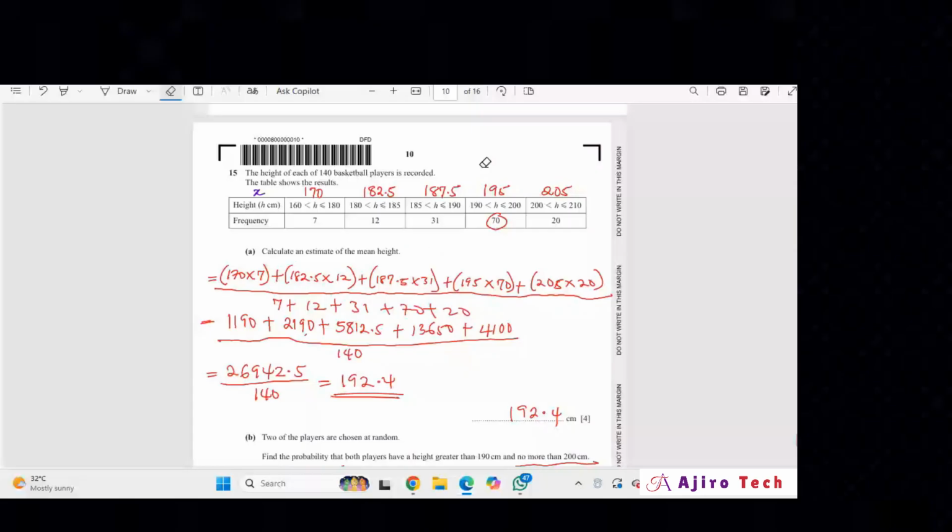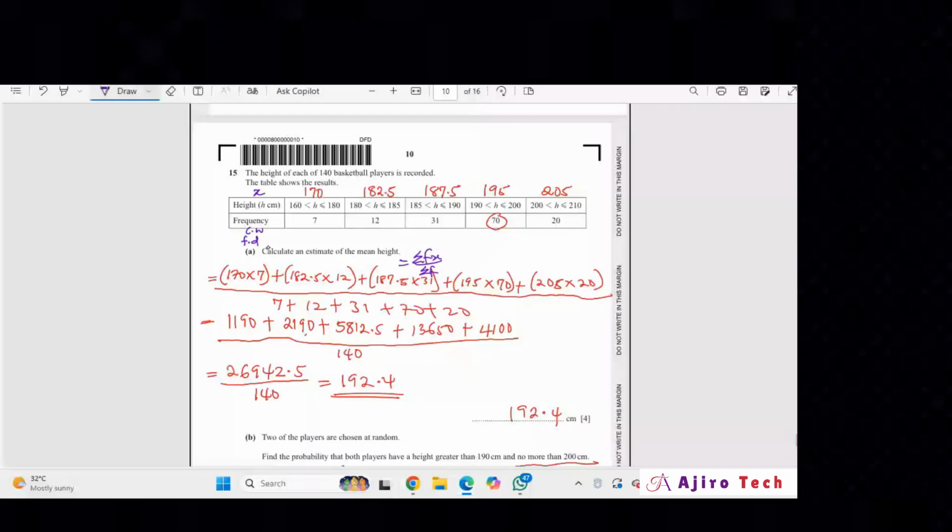Okay, so from here, let me write this formula under here: summation of f times x, all over summation of f. Now, I need two things for me to get the histogram. First, class width. And the next one is what? Frequency density.